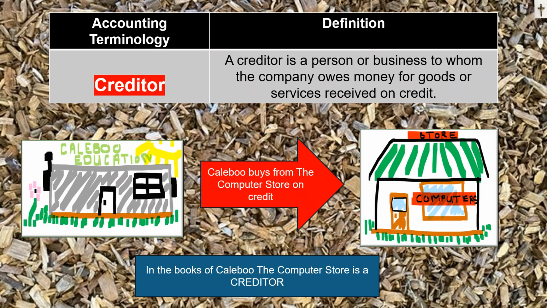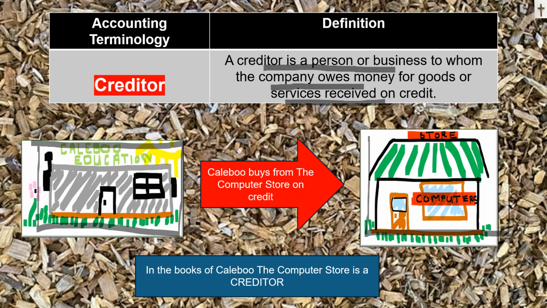Right, what is a creditor? A creditor is a person or business to whom the company owes money for goods or services received on credit. For example, Calibre Education buys from the computer store on credit. So Calibre gets products delivered from the computer store, the supplier.